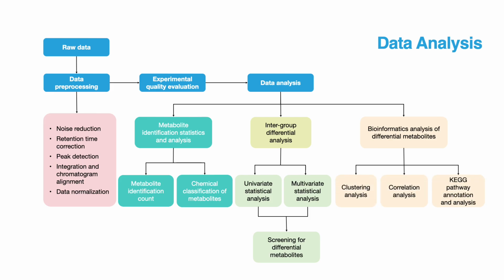Finally, we carry out bioinformatics analysis of differential metabolites. This involves clustering and correlation studies, as well as KEGG pathway annotation and analysis, to reveal the underlying biological significance. These steps transform raw data into meaningful biological insights.